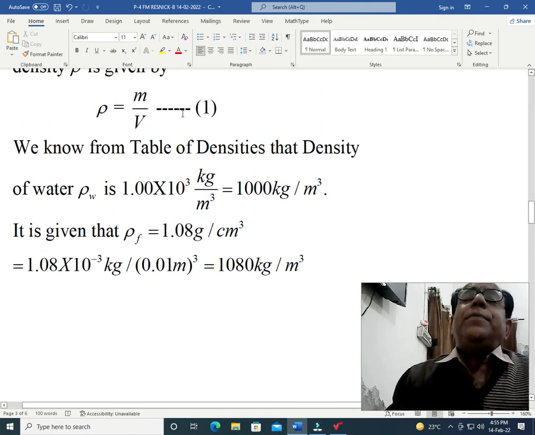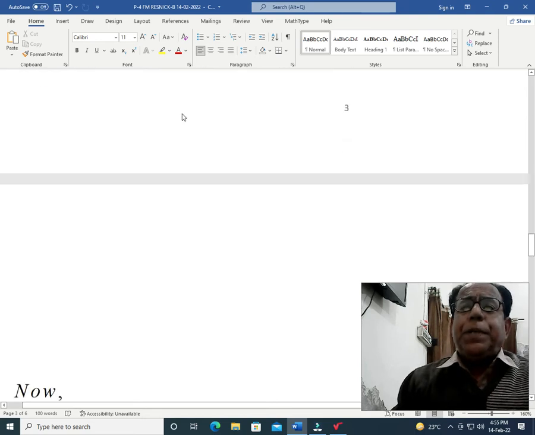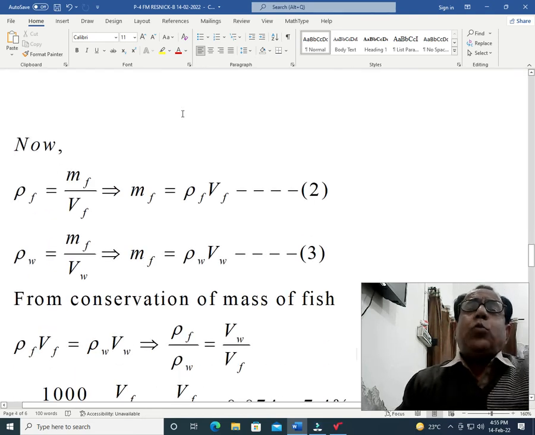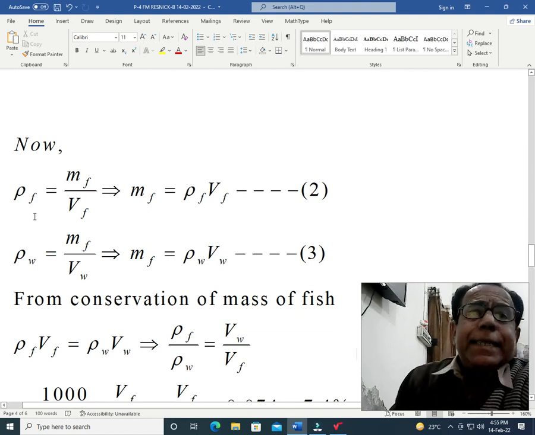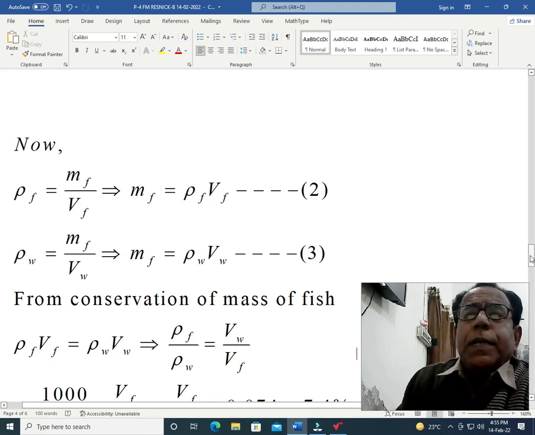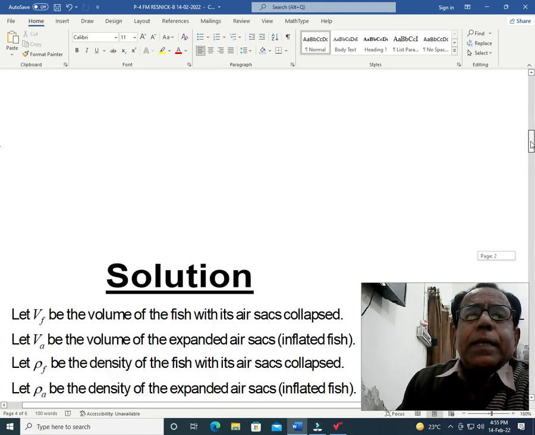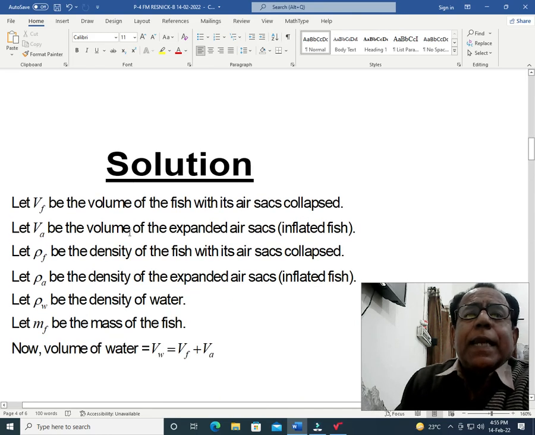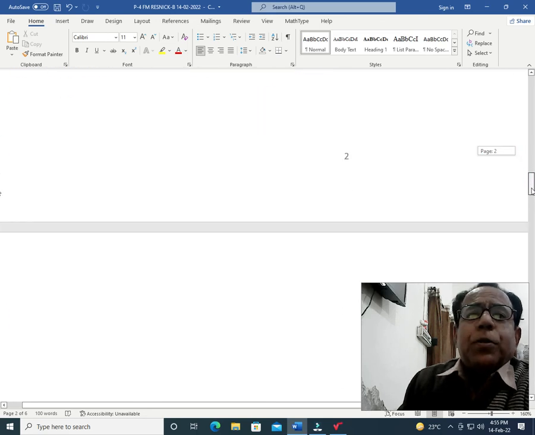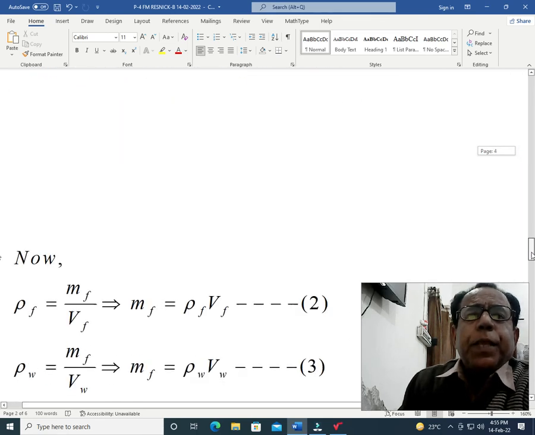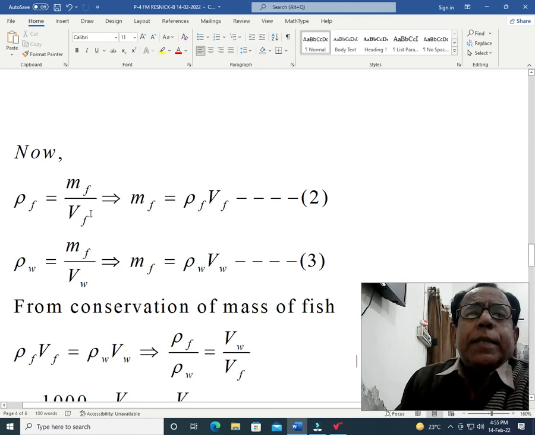In accordance with equation number 1, we have developed equation number 2 and equation number 3. That is, density of fish is equal to mass of fish over volume of fish VF, that is volume of the fish with its sacs collapsed. This is equation number 2. This implies that MF will become equal to rho F into VF.